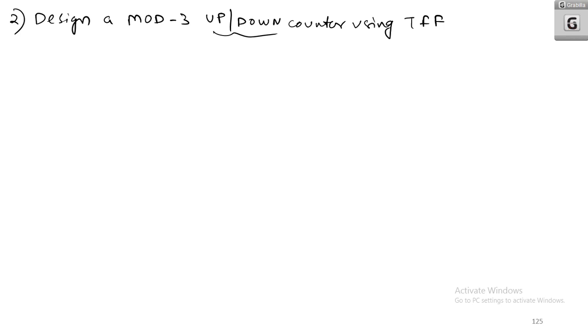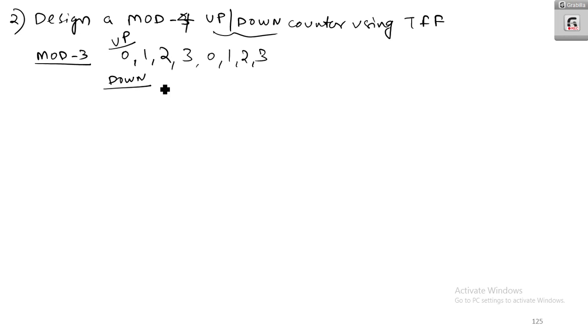So what is basically mode 3? Mode 3 means you need to go 0, 1, 2, right? 0, 1, 2. You can go for mode 4. Mode 4 means you get 0, 1, 2, 3, then 0, 1, 2, 3, 0, 1, 2, 3 if it is up counting, and if it is down counting mode, you can have 0, 3, 2, 1, 0, 3, 2, 1 like that.